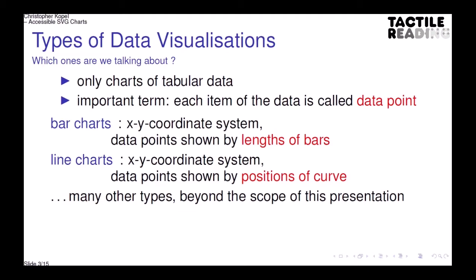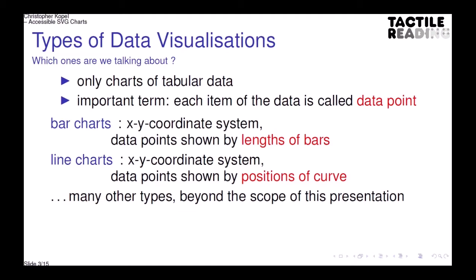Let's call them X and Y component. And both chart types also have a two-dimensional Cartesian coordinate system, so an X-Y coordinate system. And within this coordinate system, each data point corresponds to a graphical point, a location, with the X and Y components of the data point.